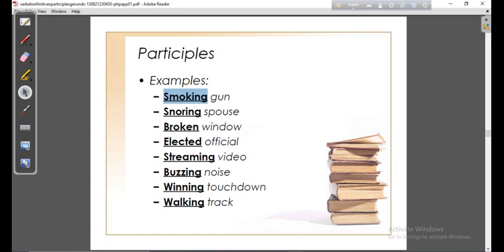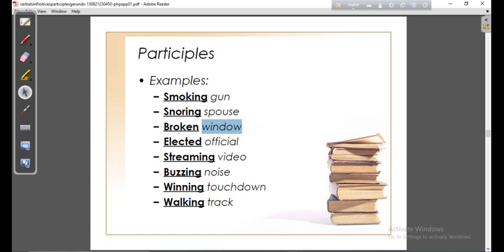And these adjectives are called participles. This one is a present participle. Snoring spouse, present participle. Look, broken window. Window is the noun, and broken is the past participle form of the verb broke.